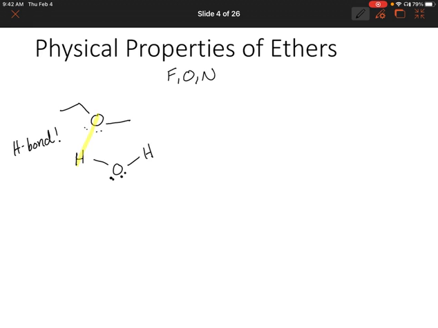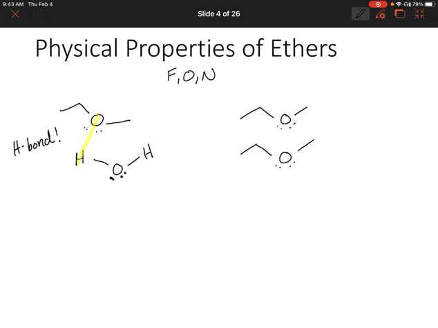So remember that term, hold the phone, FON. Now, what if we just had ether? So what if we just had a bunch of ethyl methyl ether? Is there any hydrogen bonding between those? No. What kind of intermolecular force would exist between two ether molecules? Would we have van der Waals forces? Would we have dipole-dipole interactions? Both, right?